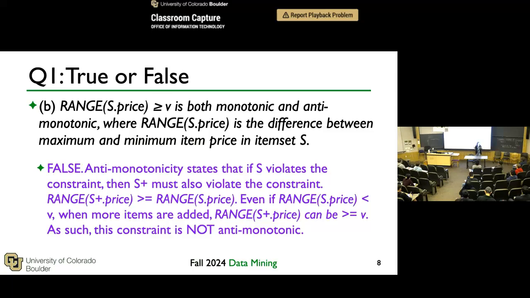But we can make it convertible. We can convert it into a monotonic rule by enforcing some ordering.